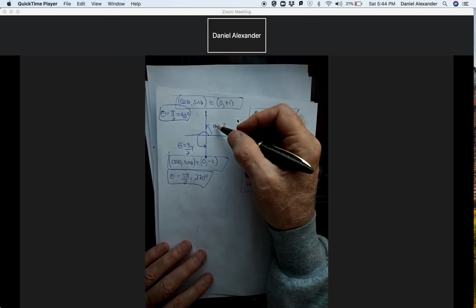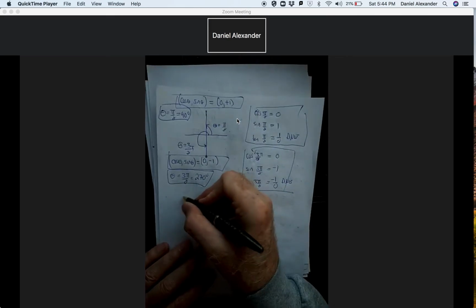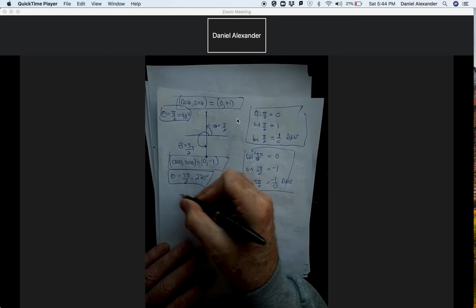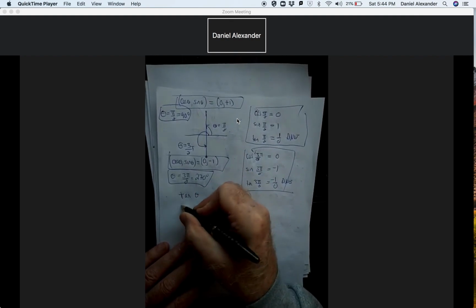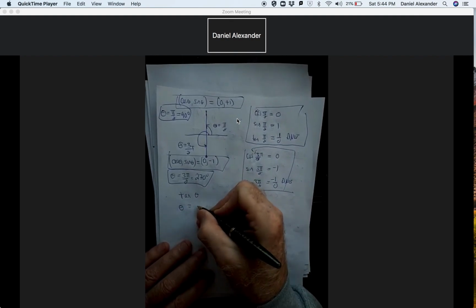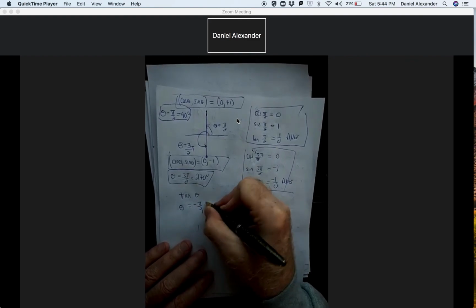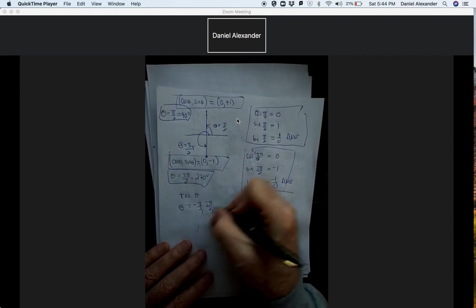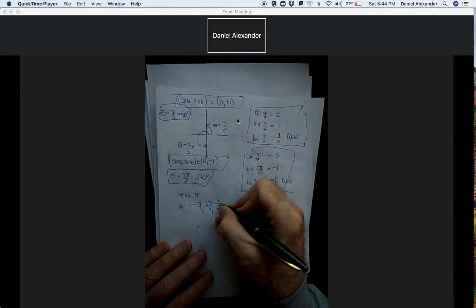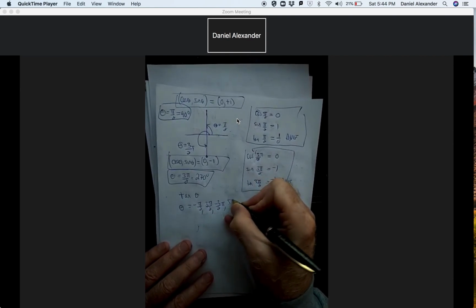We need to find tangent of theta for theta equals minus pi over 2, 3 pi over 2, minus 3 pi over 2, and 5 pi over 2.